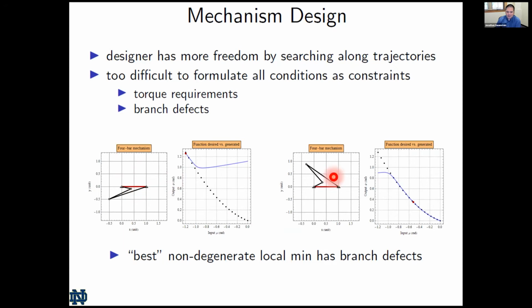But you see here, this is the same mechanism, but it has two different branches. It kind of approximates some of them along one branch, and then it jumps to the other one. So mathematically, these are very, very hard to formulate. And so in our problem, the best non-degenerate actually has branch defects. And so if you're just looking at local minima, you're going to be so far off of where you want to go that we really can use these homotopy paths and study the linkages along them to get very good designs.